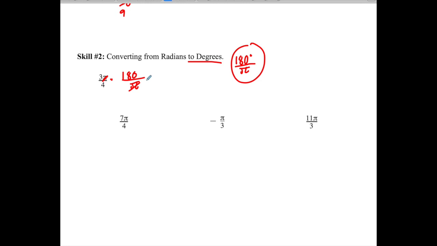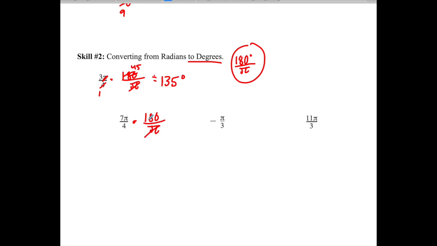Okay? So now what I do is I just simplify. So 180 is divisible by 4, and it's 45, and then I do 3 times 45, and I get 135. And remember, these are degrees. Okay? Showing you this one, again, the idea is 180 over pi.